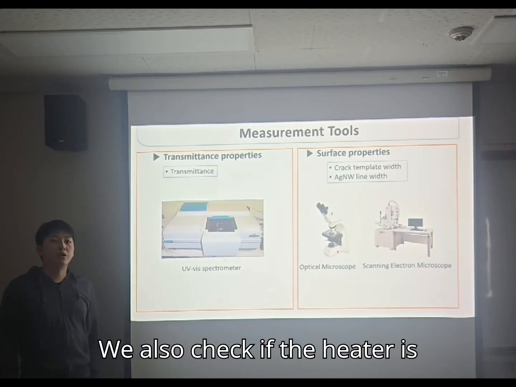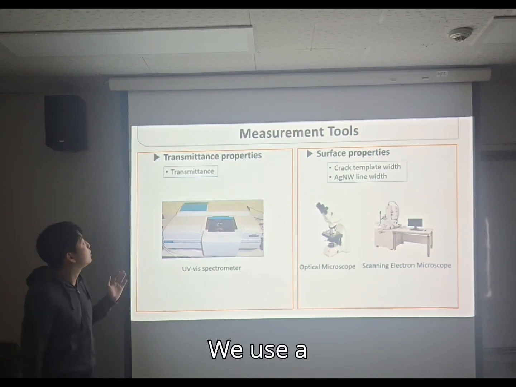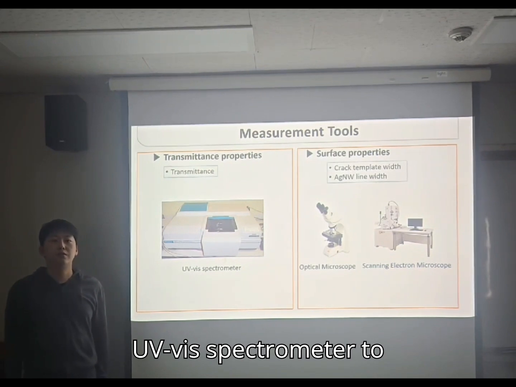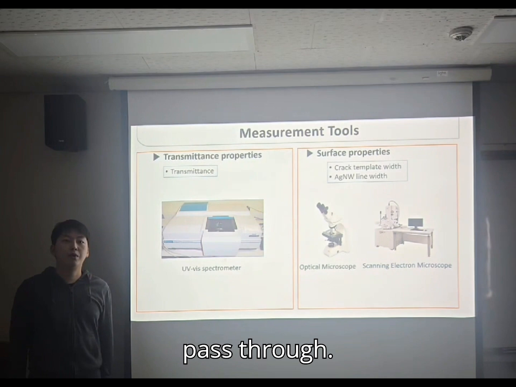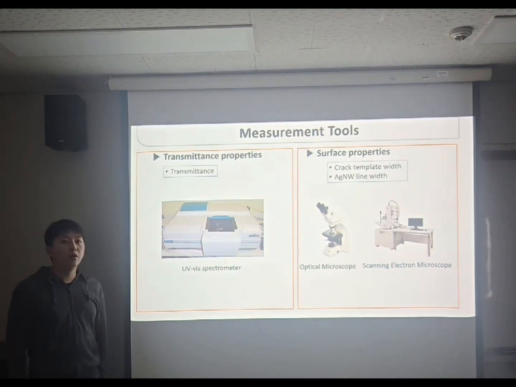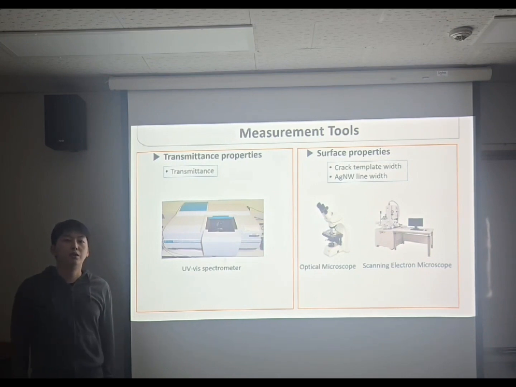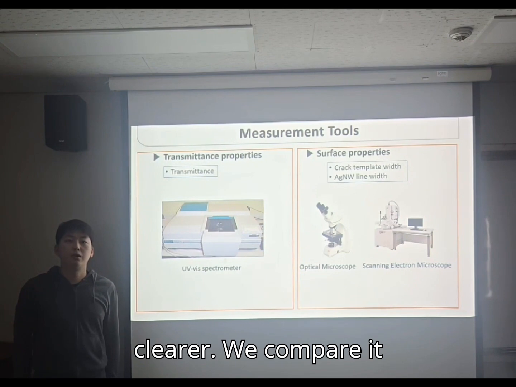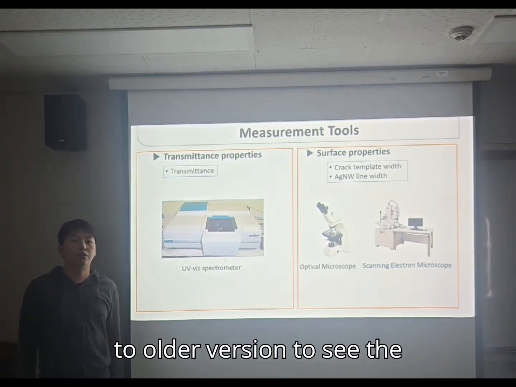We also check if the heater is see-through, its transmittance. We use a UV-VIS spectrometer to measure how much light can pass through. With a special crack template technology, the heater can become even clearer. We compare it to older versions to see the difference.